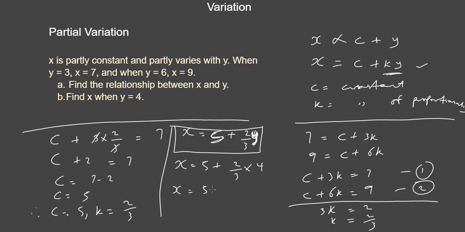So this becomes 5 plus 8 over 3. This becomes 15 plus 8 over 3, and that gives you 23 over 3, which is 7 whole number 2 over 3 if you want to write that as a mixed fraction.